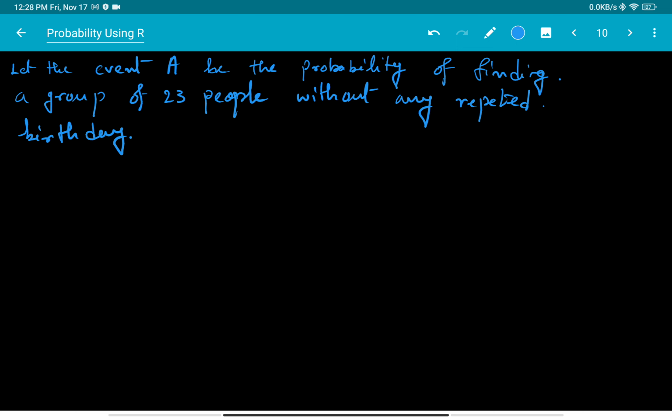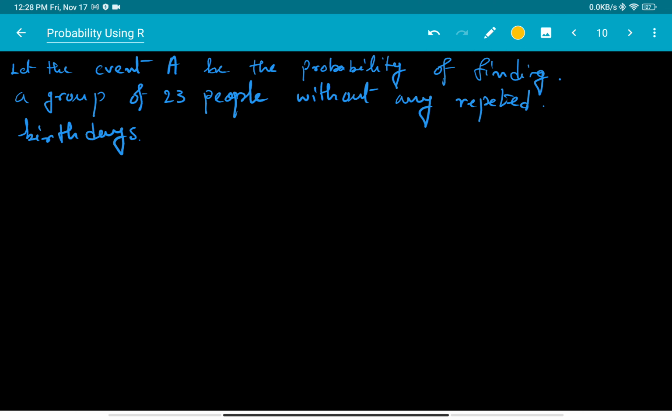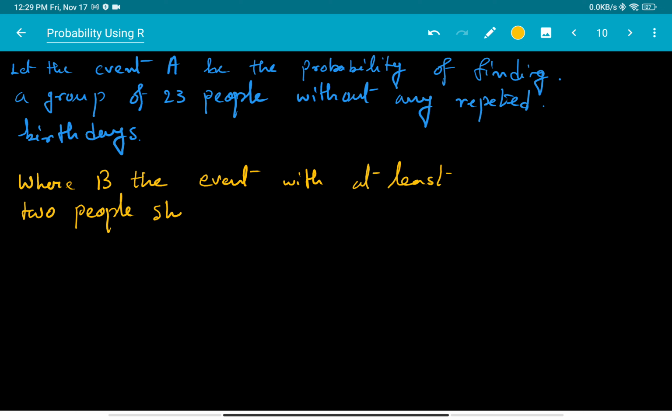Now, if I take another event B, the event with at least two people sharing the same birthday, it could be possible, right?